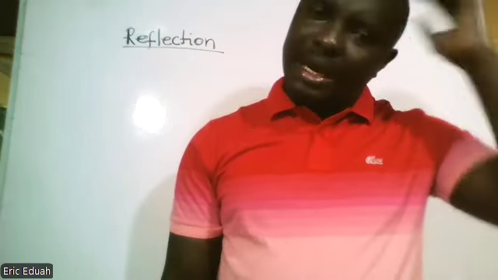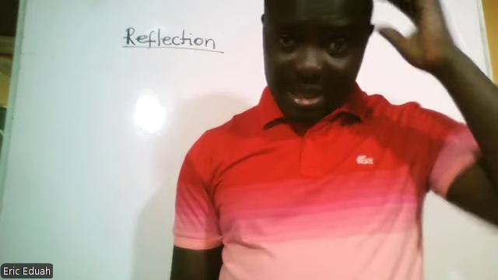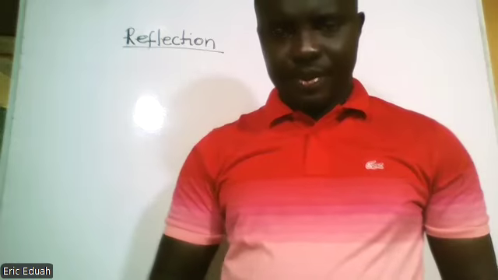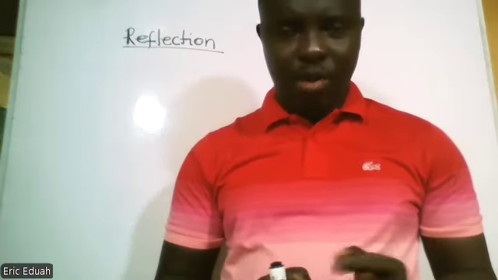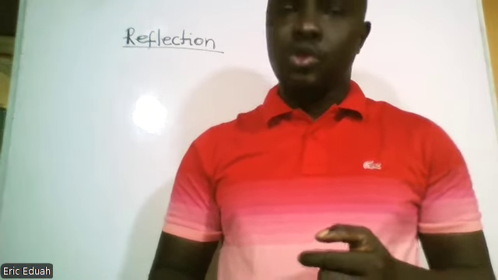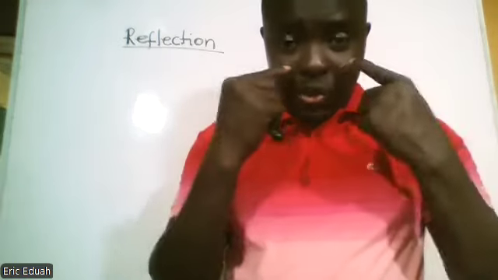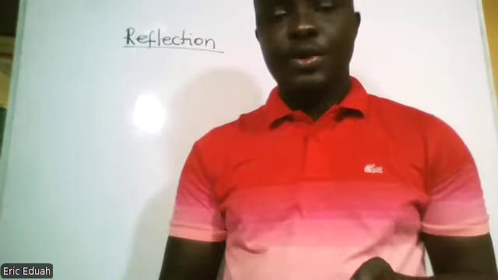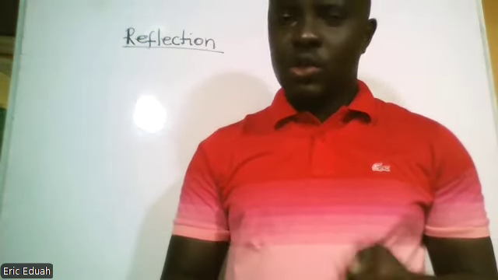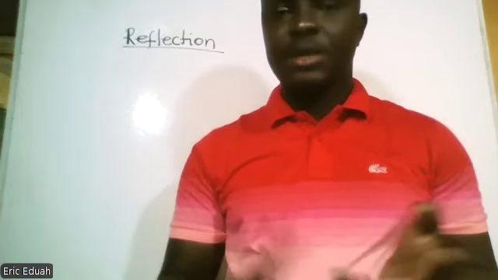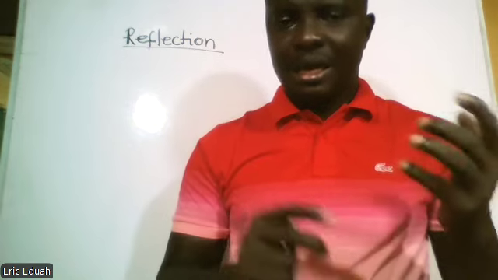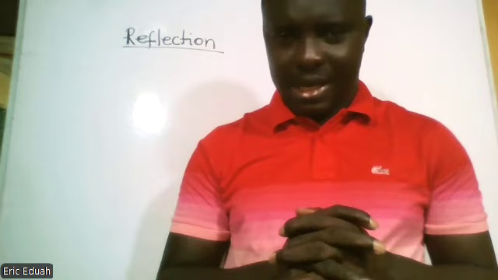Now, then the nature of the surface. If the surface is solid, it can reflect more than when it is liquid or gaseous. Then, for somebody to see that reflection of light has truly taken place, we need to also look at whether the body is transparent, translucent or opaque.